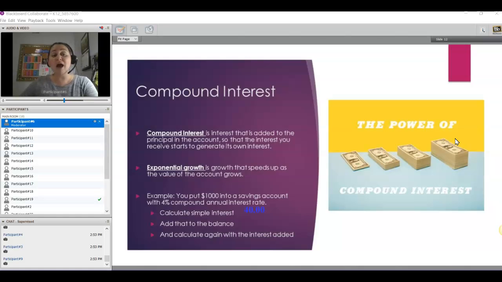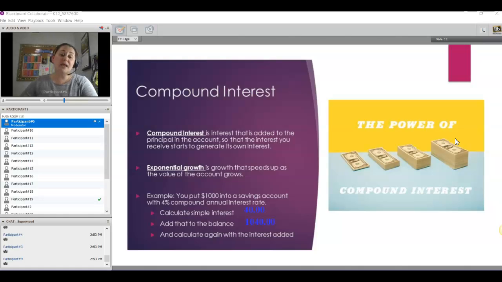Now, if you calculate it again, I'm going to calculate it using $1,040. So when I calculate it again, I'm going to have $1,041.60. Okay? So I'm earning more money. I'm not calculating it from the original principal balance. I'm calculating it with the interest.